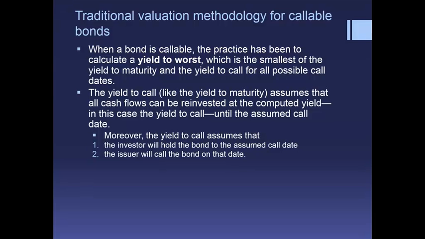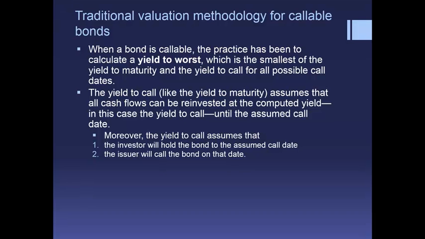Now, when we calculate the yield to maturity, we're making the assumption that all cash flows are reinvested at the yield to maturity. Much like the internal rate of return assumption in capital budgeting. The yield to call, similarly, we're assuming that any of the cash flows from the bond will be invested in the yield to call.